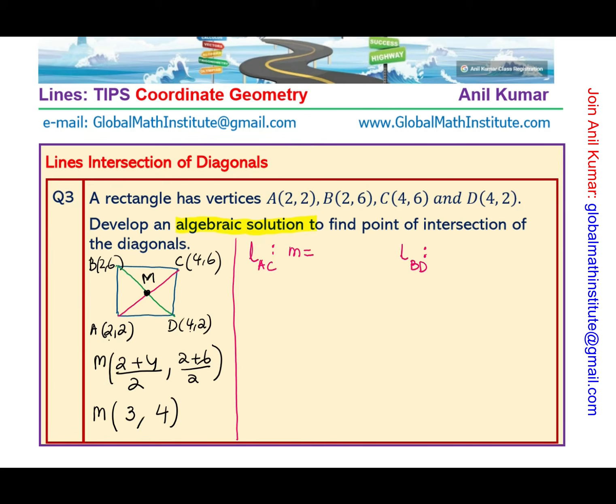Now, since 2 points are given to us from A to C, let's find the slope first. So slope from A to C will be change in y value, which is 6 minus 2, over change in x values 4 minus 2, which is equal to plus 2, right?